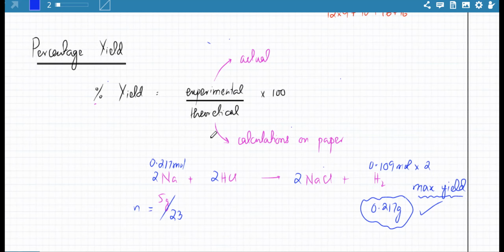So you just plug in these values and you find yield. For example, theoretically, you've figured out that you're going to get 100 grams of hydrogen. You did the experiment and you got just 5 grams. So multiplied by 100, that means your yield is just 5%. That means you're going to get just 5% of what you estimated.